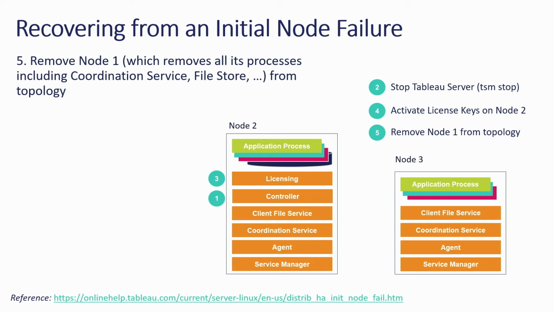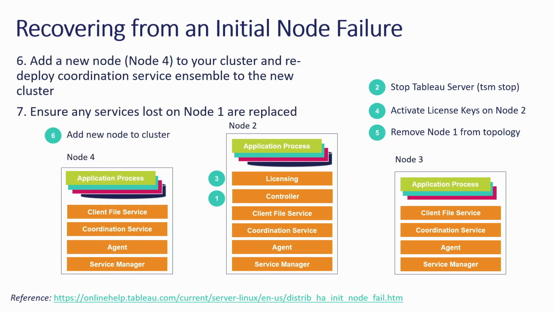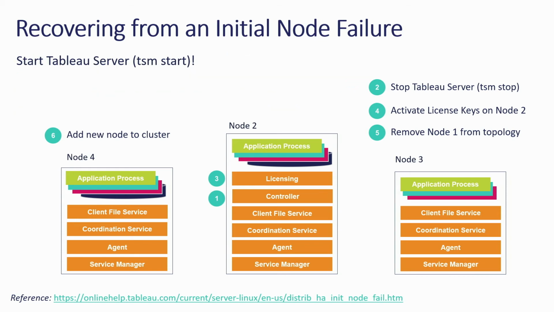All the same considerations about what processes were running on it and what you have to do, those all still apply, but we're going to just pass over that this time. And then we create a new one and put the necessary processes into it. And then we start TSM up again, start the server, right? So we're back in business at this point. So this is how you handle the node failure.